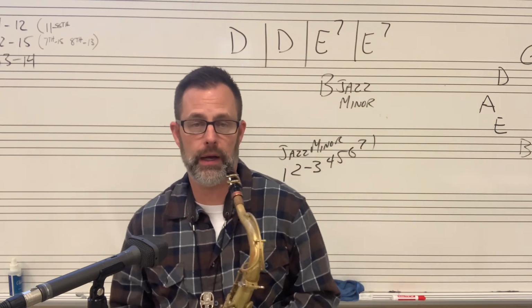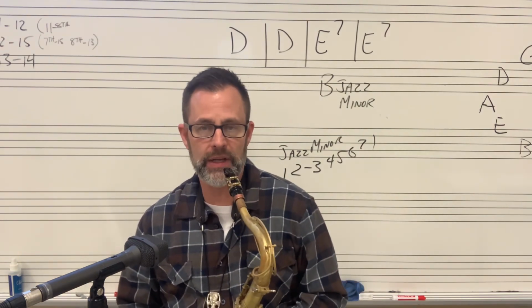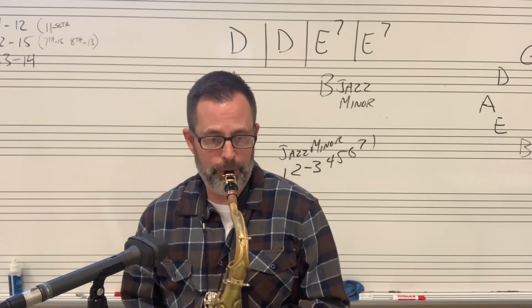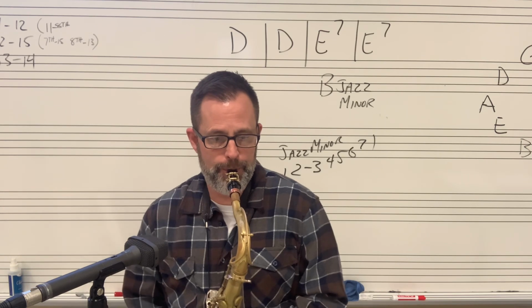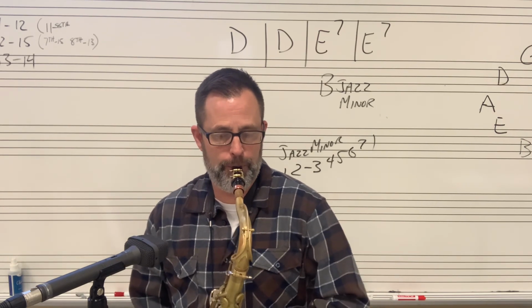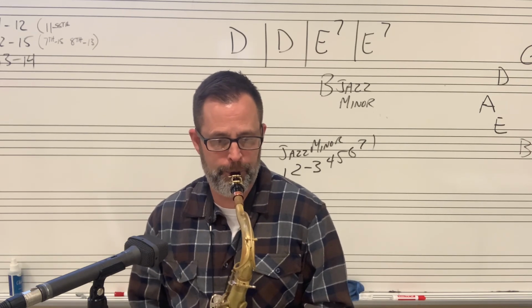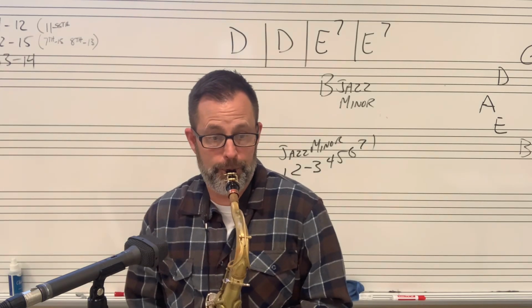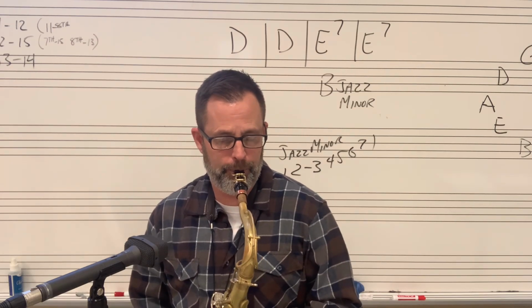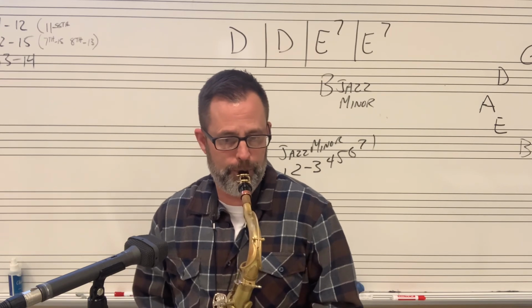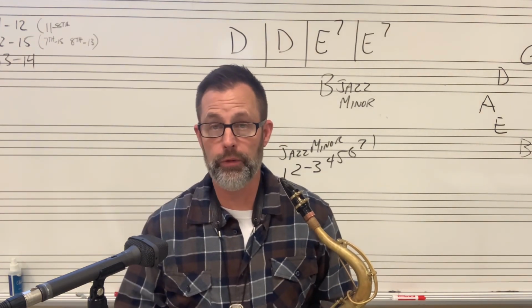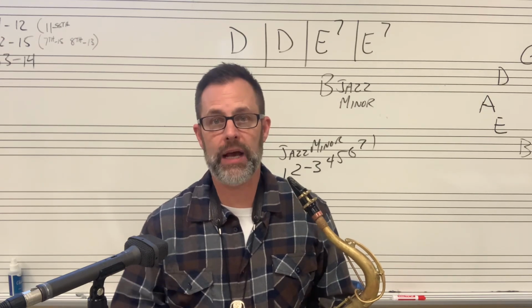So kind of in real time, I'll do like the A section of Take the A Train. So that idea of the jazz minor scale over the E7, B jazz minor.